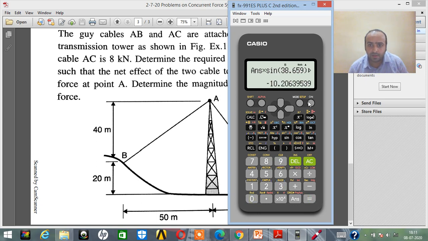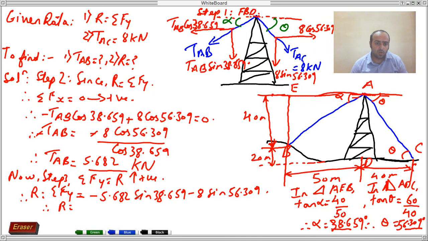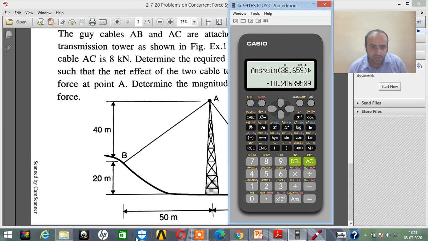So the value is minus 10.206 kilonewton.